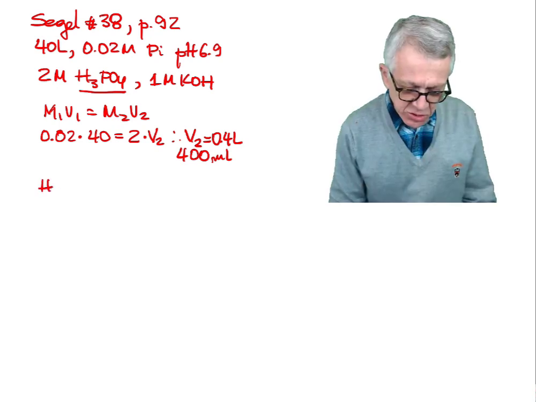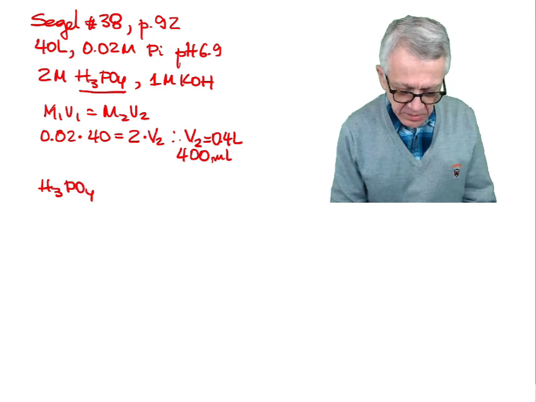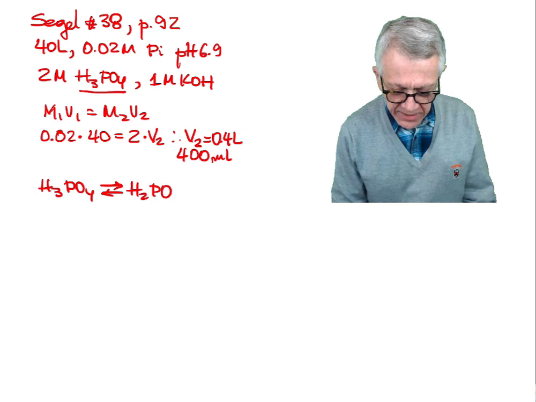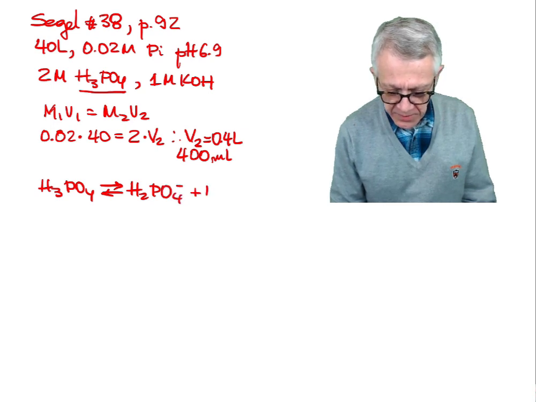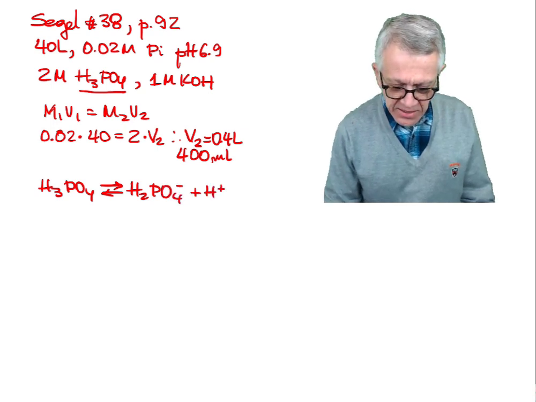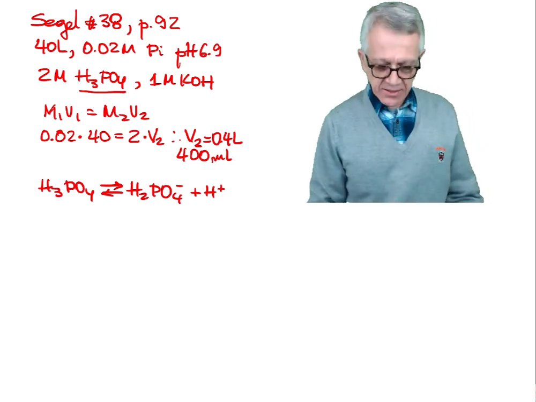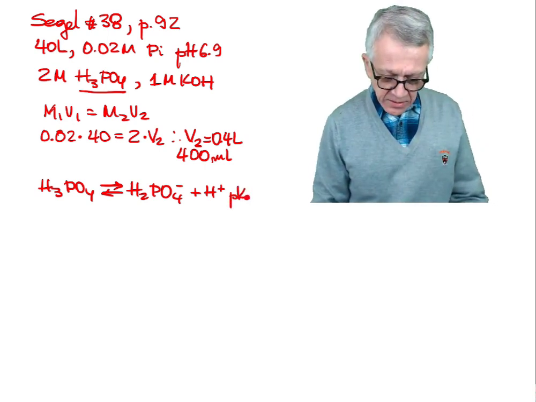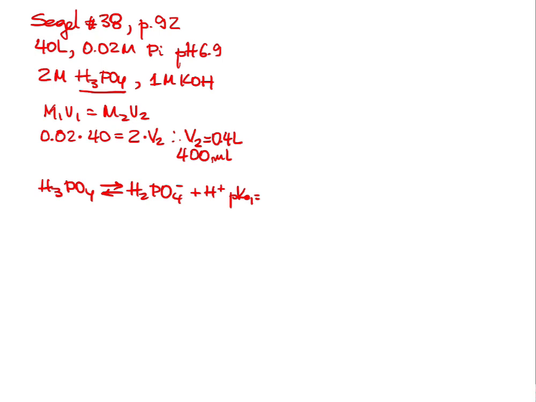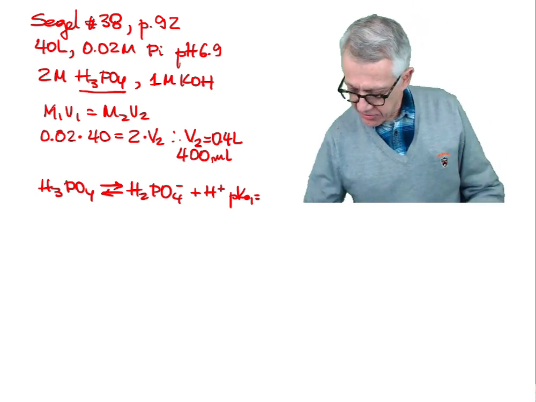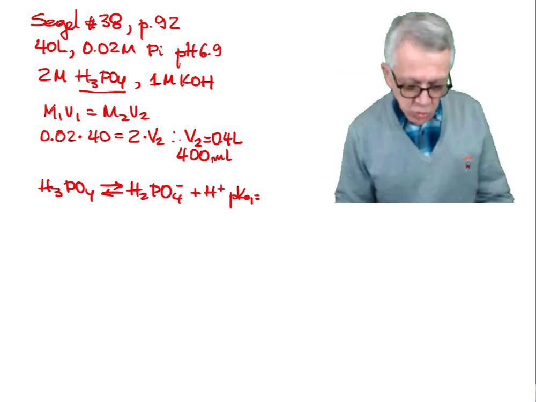We start with H3PO4, in equilibrium with H2PO4 minus plus H plus, right? There is a Ka1, or pKa1, which I can get directly from the book here: 2.12.